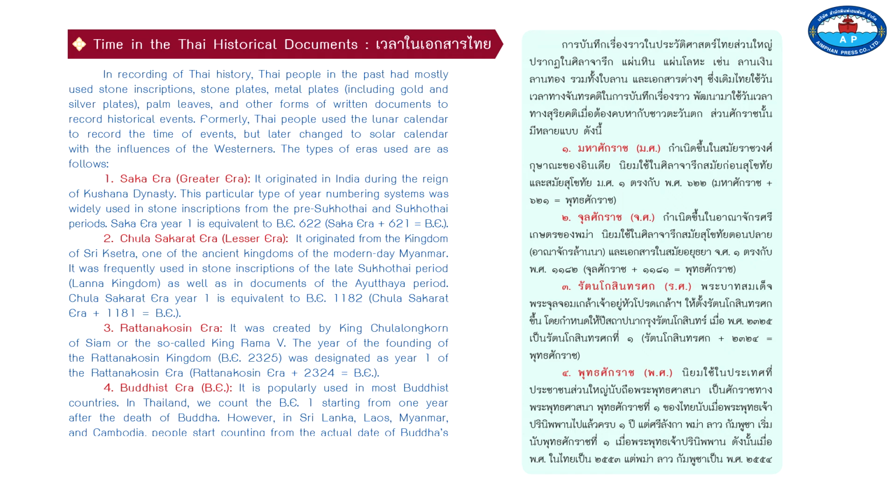However, in Sri Lanka, Laos, Myanmar, and Cambodia, people start counting from the actual date of Buddha's death. Therefore, BE 2553 in Thailand is equivalent to BE 2554 in Myanmar, Laos, and Cambodia.